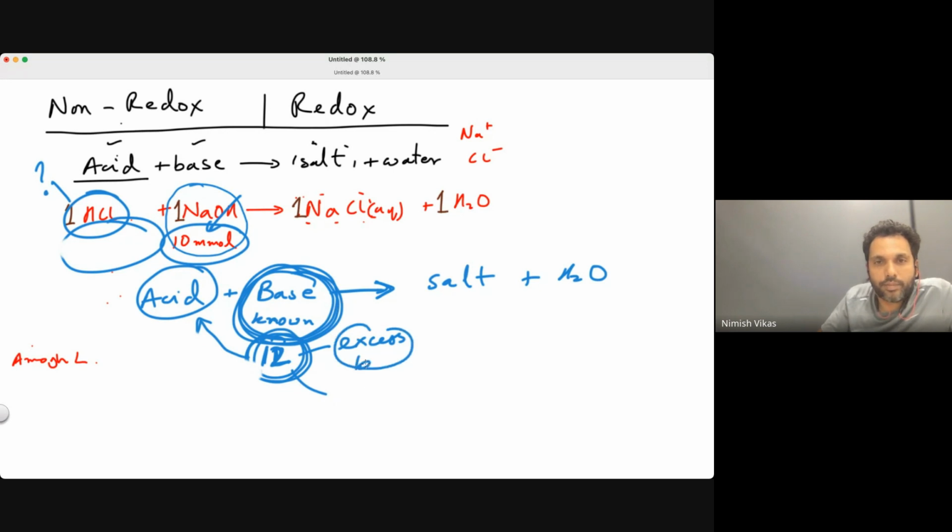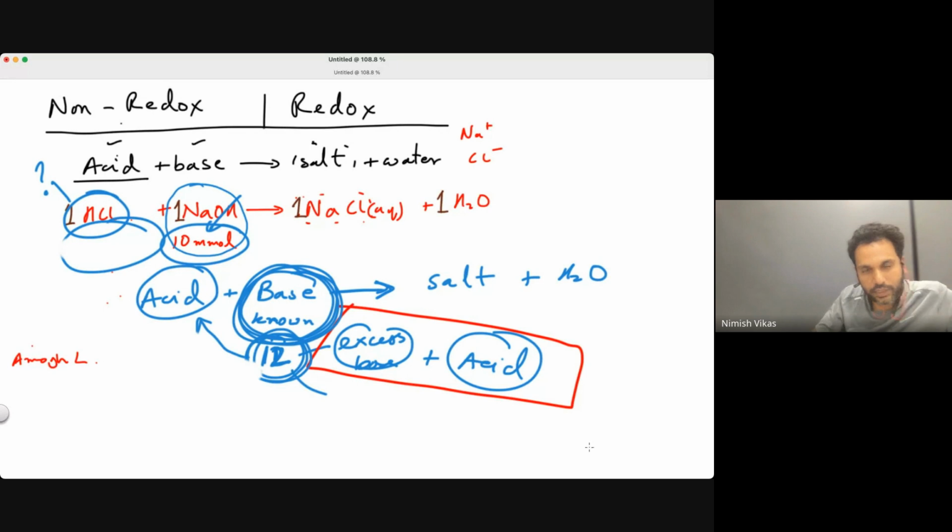So the story goes on that the excess base is reacted with some other acid. Is that clear? So now there are two acids in the picture and people may get a little confused. Oh, what is happening? But it is quite simple.